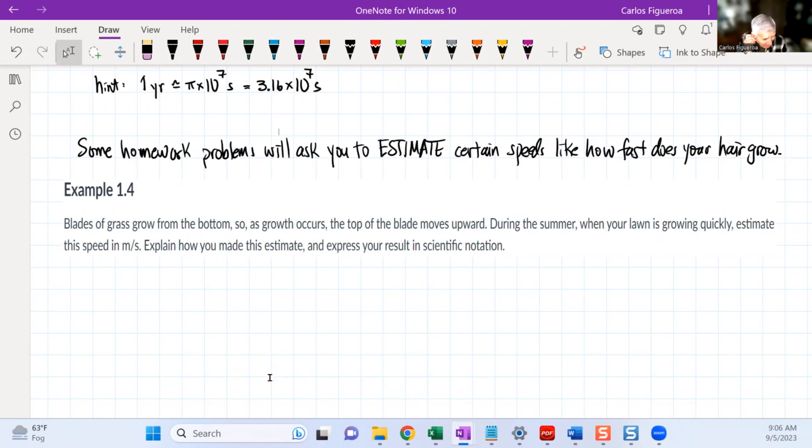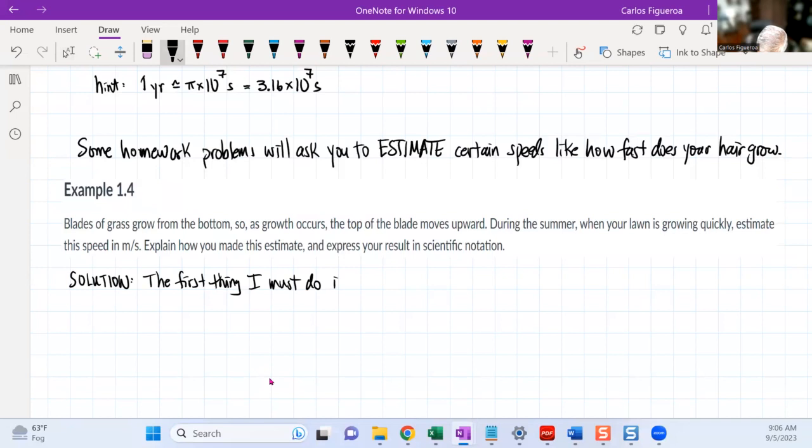Well, the way I would look at this, if I was to try to write a solution, the first thing I must do is estimate the growth of the grass.